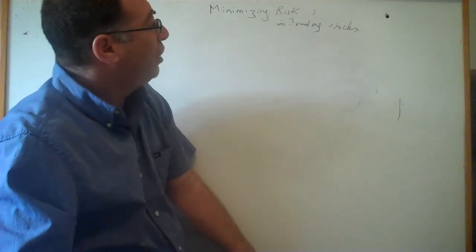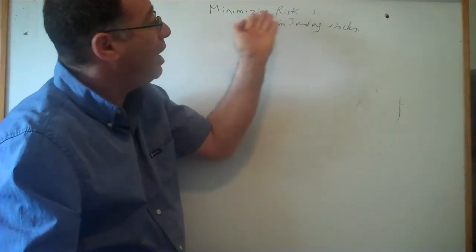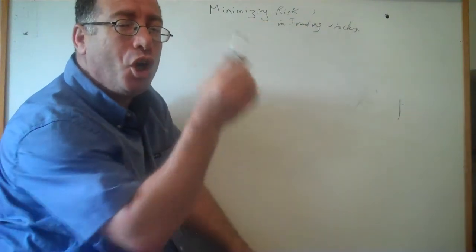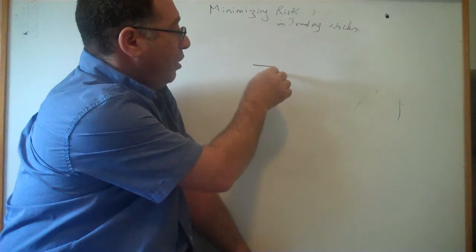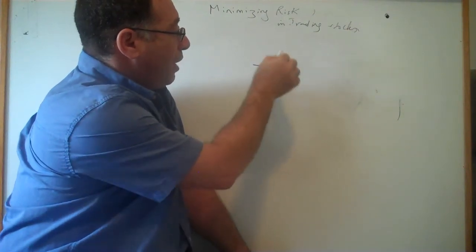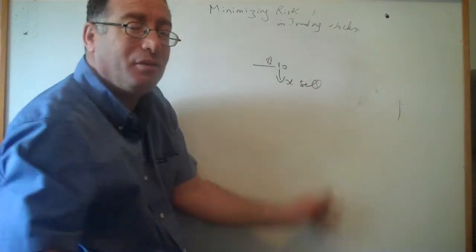So always remember that in order to minimize risk, you should use a stop loss. You buy here, for example at $10, or 20 or 30. When it goes down, you should sell.